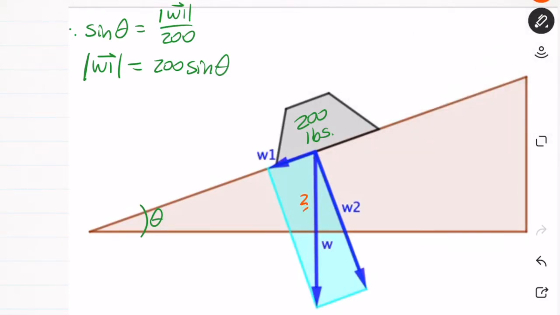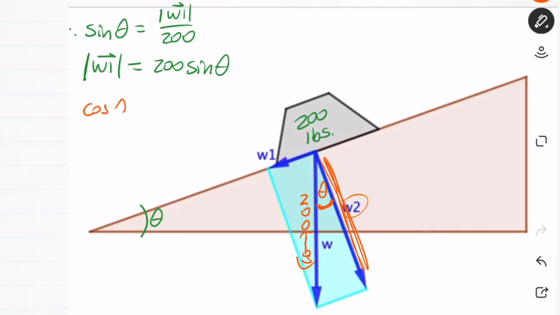So if we have 200 pounds going down this side, and we're looking for W2, which is this side of the triangle, and theta is now this angle, then W2 is adjacent, 200 pounds is the hypotenuse, and that's going to be a cosine.